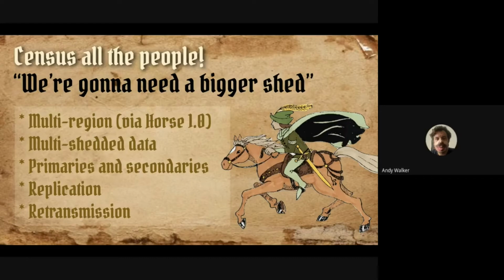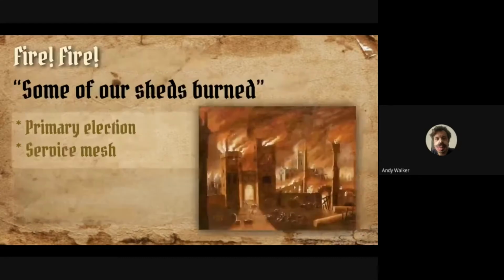And at that point, you start locally primarying the data to make sure that it's there in a trustworthy form for the user that's accessing it. We then have another problem is that one of the sheds burns down in one of our towns. We now have the problem that a request for writing to the data will no longer work because there's no shed to write to.